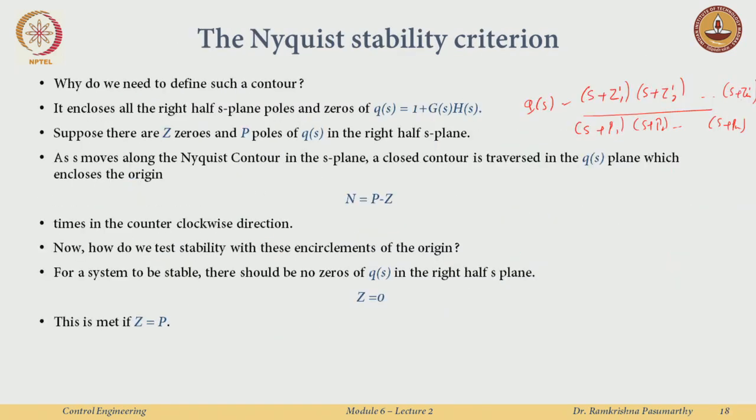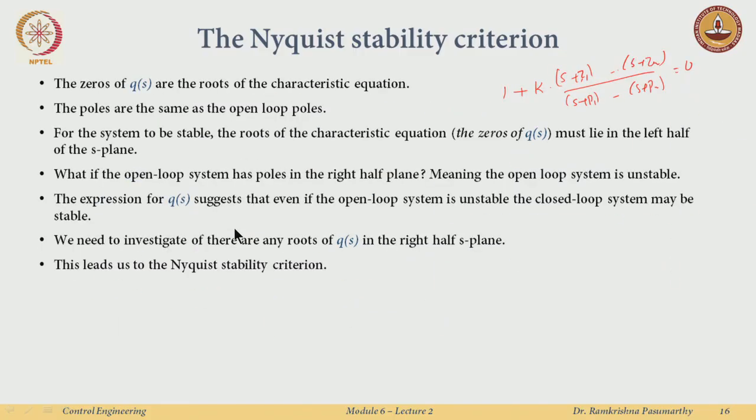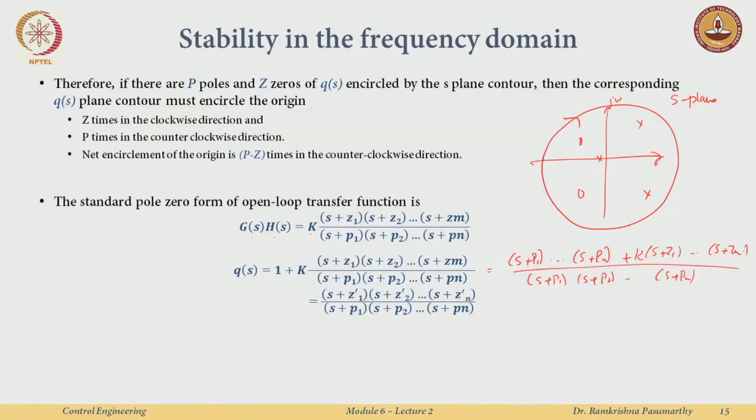So as s moves along the Nyquist contour in the S plane, a closed contour is traversed in the Q(s) plane, which encloses the origin N equal to P minus Z times in the counterclockwise direction. That is what we also observed somewhere here.